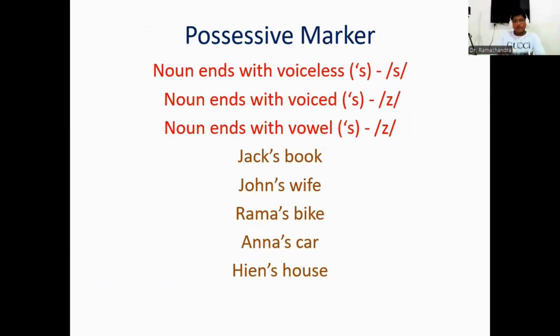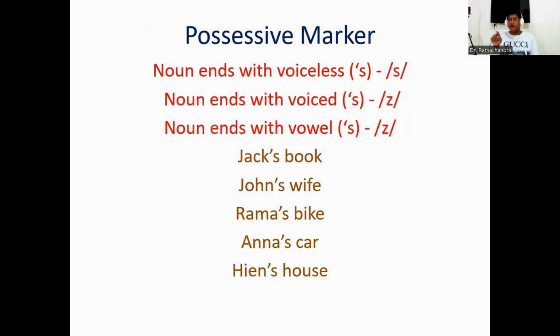But I forgot to give examples here, so I'll give you examples. Jack ends with the sound k. It's voiceless, so when you add apostrophe s, that becomes only s: Jack's book. John, n, voiced sound. When you add apostrophe s, that becomes z: John's wife.